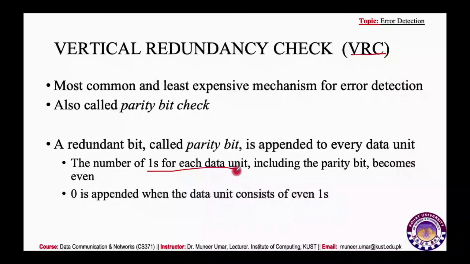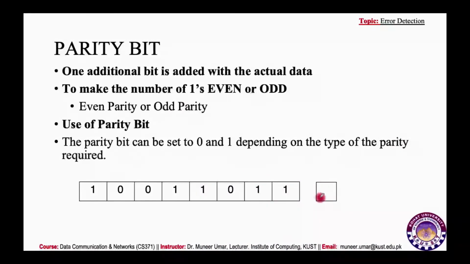So, for adjusting the even and odd number of ones, we set the value of parity bit to 0 or 1, as we did here.